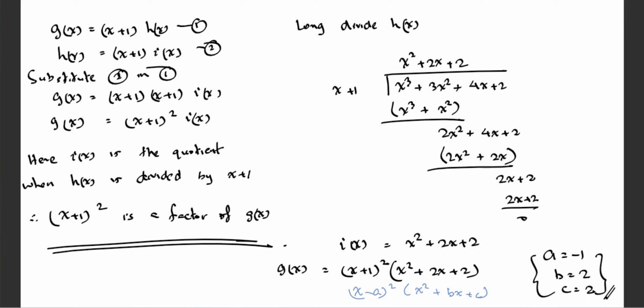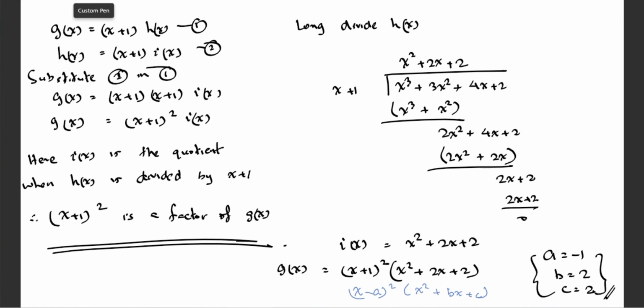That also done. Then deduce that gx is positive for all real values of x. Now gx is x plus 1 whole thing squared times x squared plus 2x plus 2.